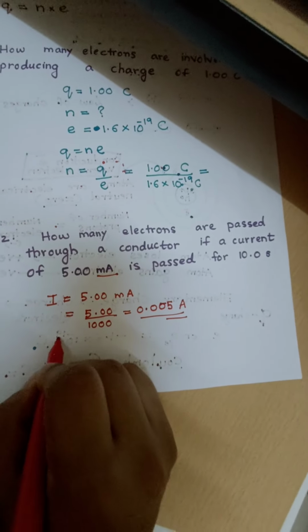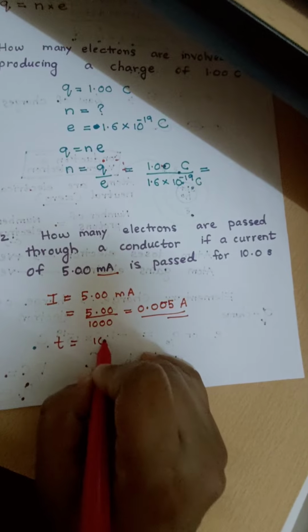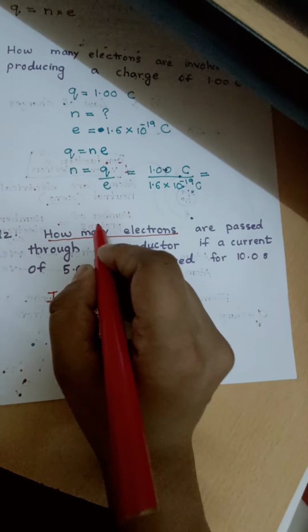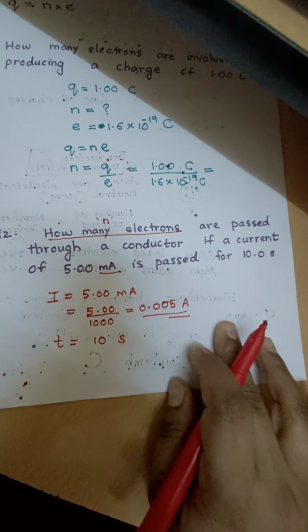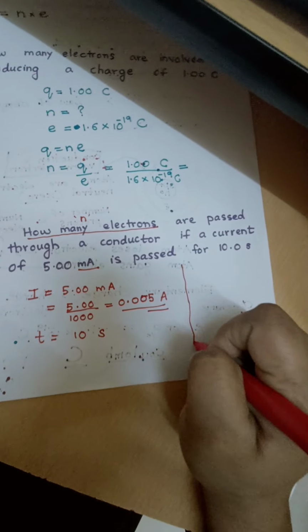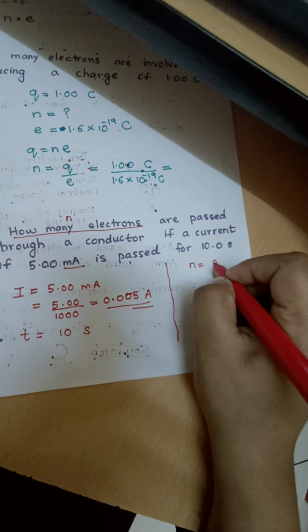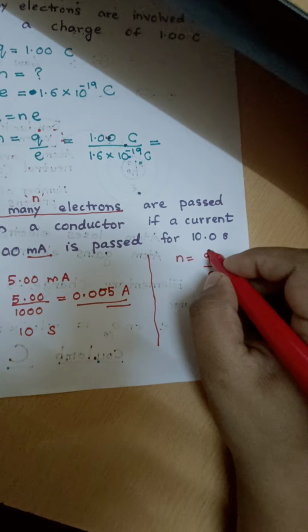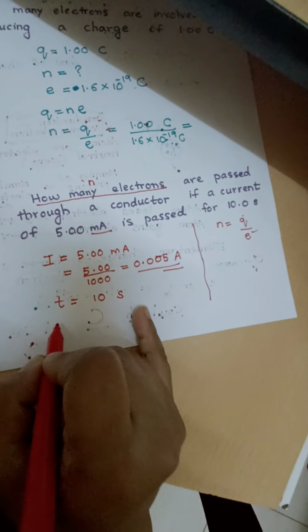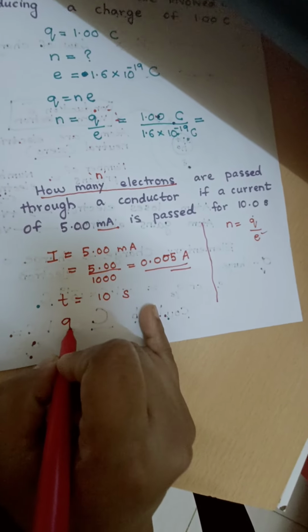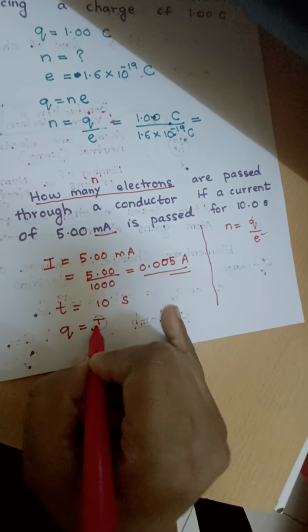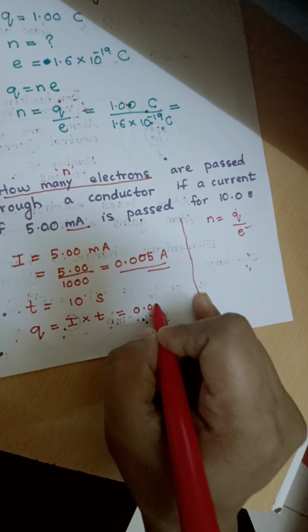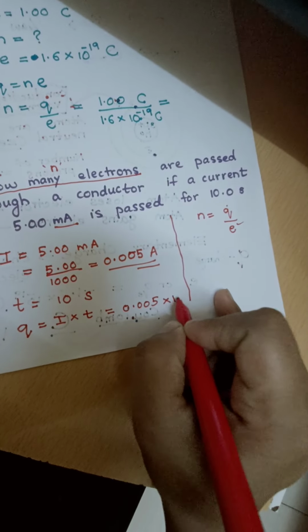So current is given, time is given, 10 seconds. We are asked to find how many electrons, which means we have to find N here. But the equation to calculate N is Q over E. We know the value of E, but we don't know Q. So to find Q, we use this equation I times T. So Q will be equal to I times T. So that will be 0.005 times 10.